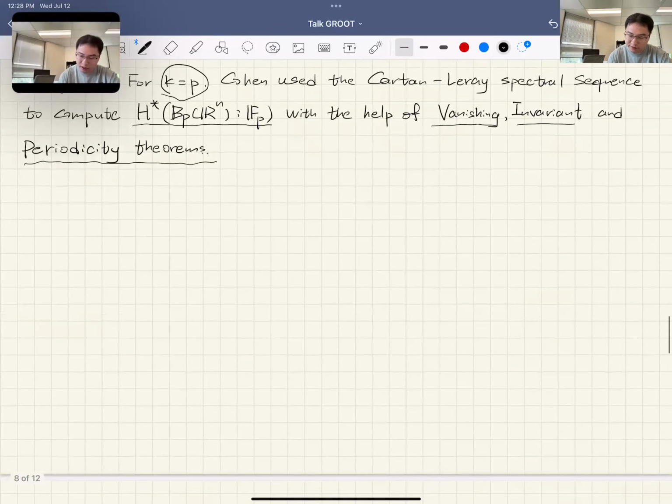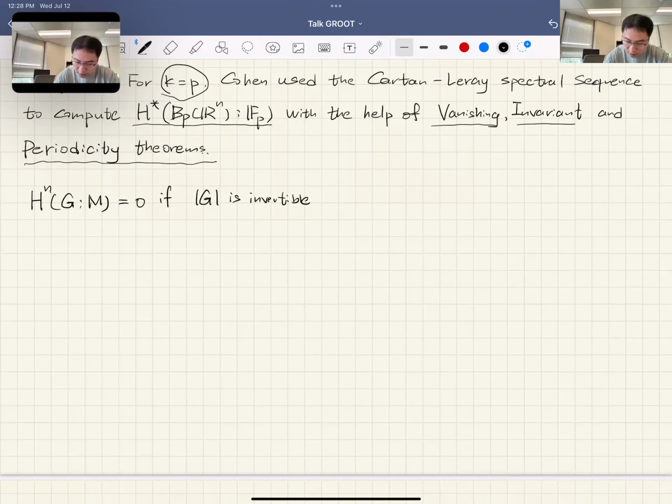Okay. So what is the vanishing theorem? The vanishing theorem essentially says that H^n of G with coefficients in a module M is 0 if the order of G is invertible in M, and n is greater than 0.